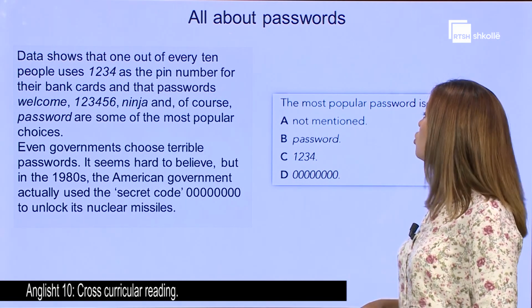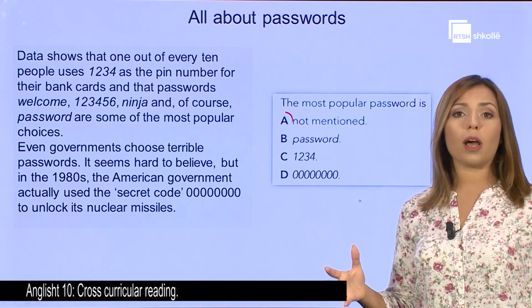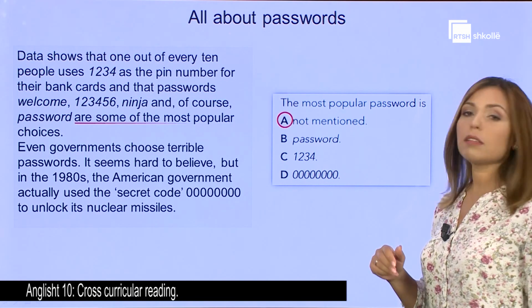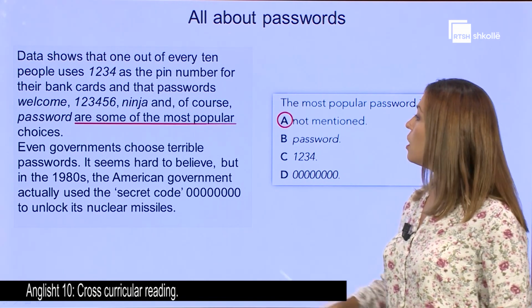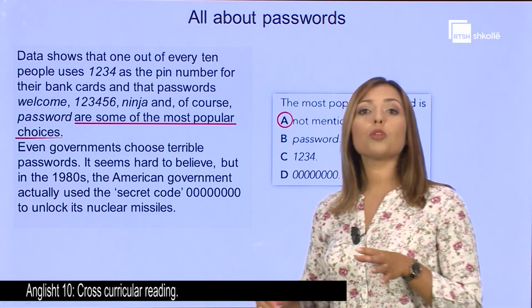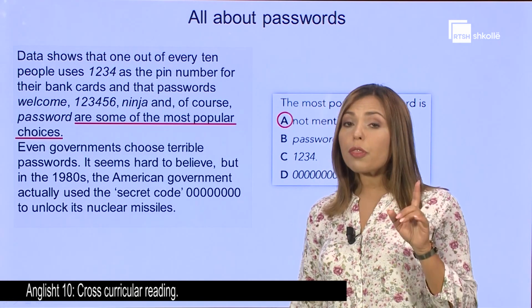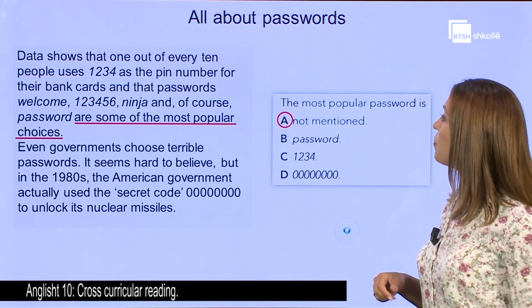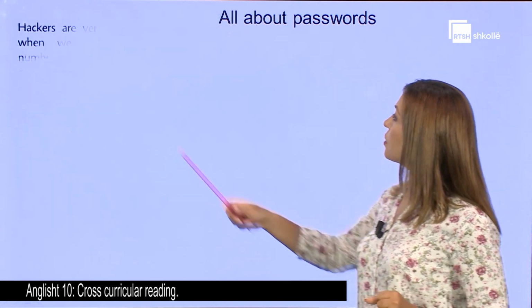But was it mentioned which is the most popular one? Actually, no, it's not. That's why the correct answer here is A, because these are some of the most popular, not the most popular. Okay, and let's continue.